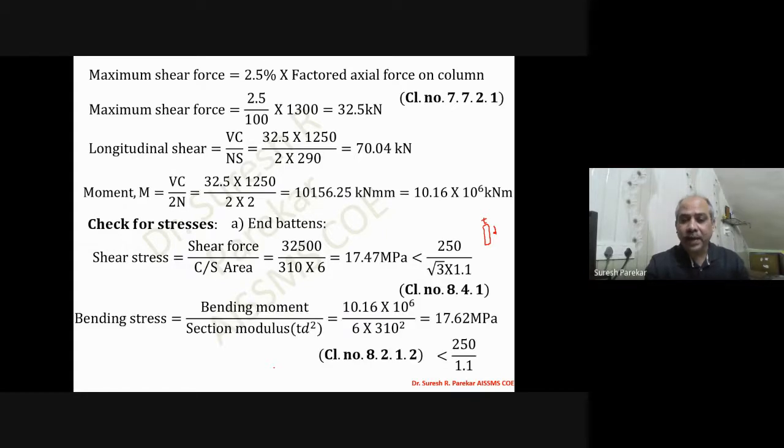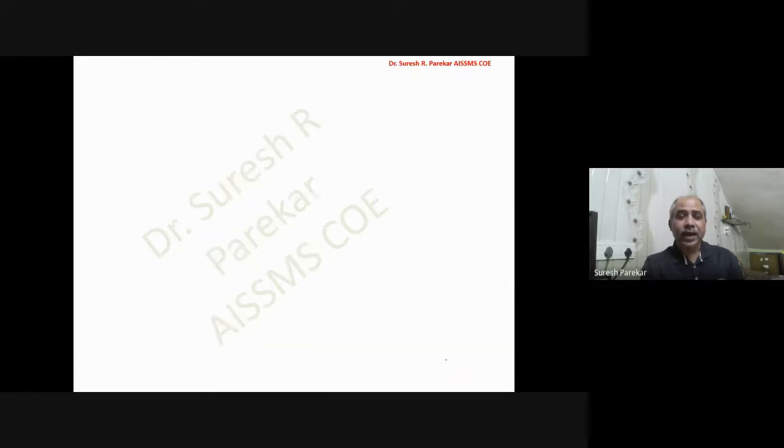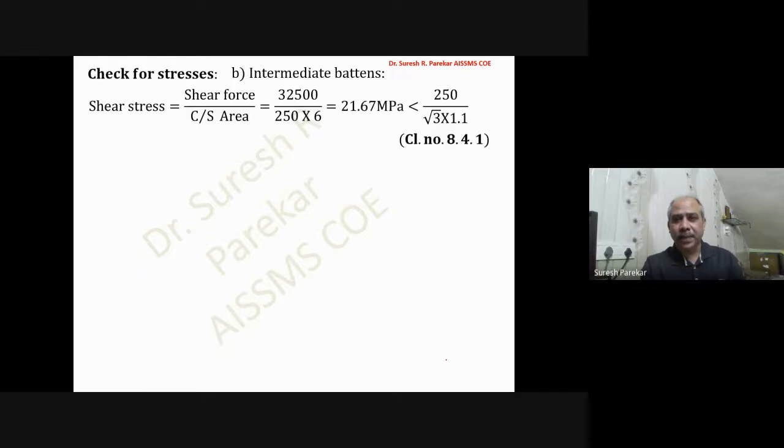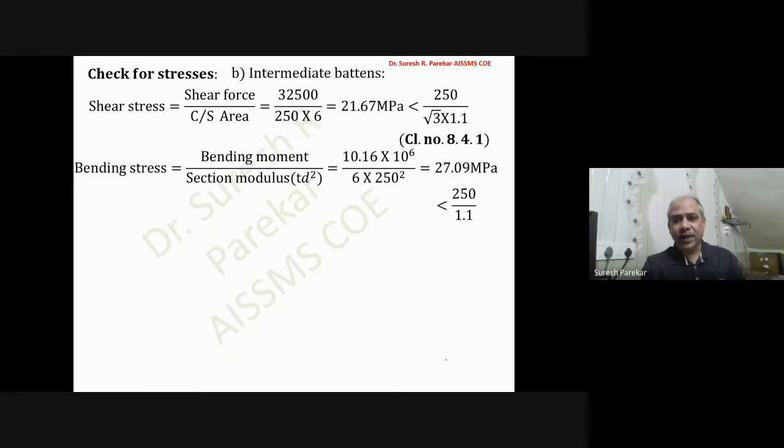And for your bending stress, clause number is 8.2.1.2, and M by Z. So Z, I have shown this TD, and then we have TD cube by 12 divided by TD, that will give me TD square. And that value will be less than 250 upon 1.1. So that is okay. Similarly we will go for intermediate battens, and our criteria for intermediate battens is also satisfied, which means our section is okay for these forces.